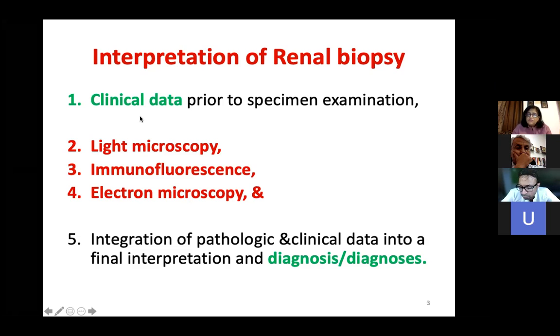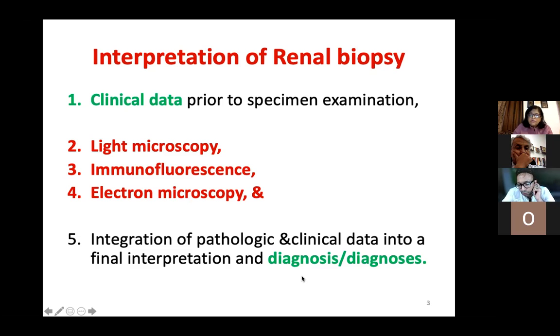If my biopsy shows me a normal morphology and has a nephrotic syndrome, I will bring in podocytopathy. If I'm talking of lupus class 2, but still the patient had very significant proteinuria in the clinical context, I think that I need to add one more parameter of podocytopathy to the lupus class 2 or something like that.